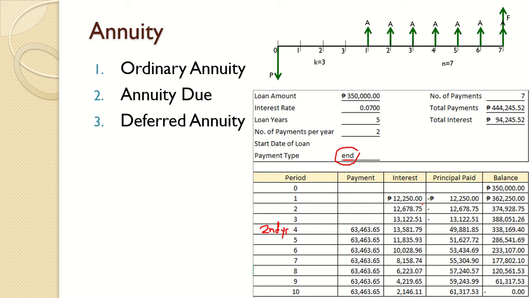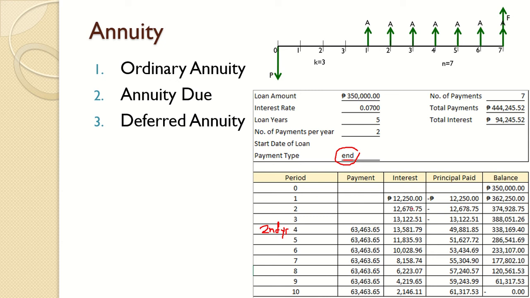So you have to take note, if your parent or you in the future would borrow an amount, would loan an amount, sometimes they allow you not to pay within 2 years, then on the third year you start paying.